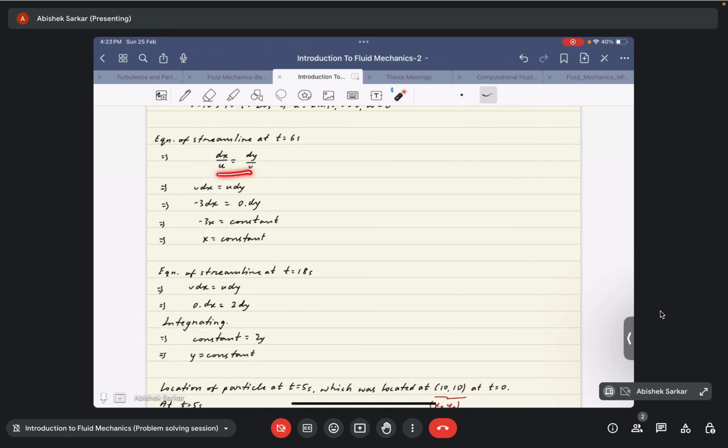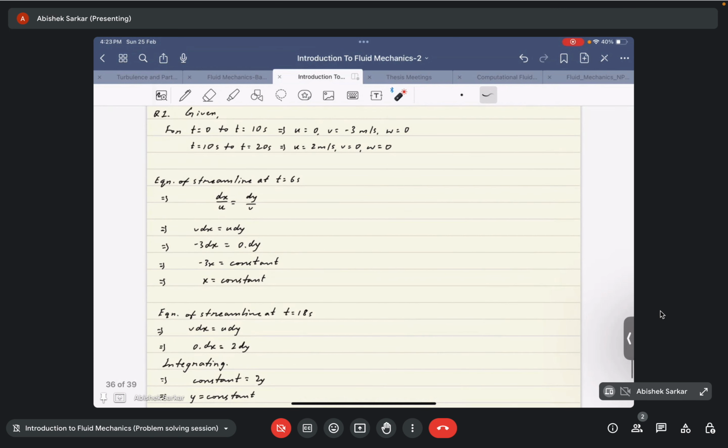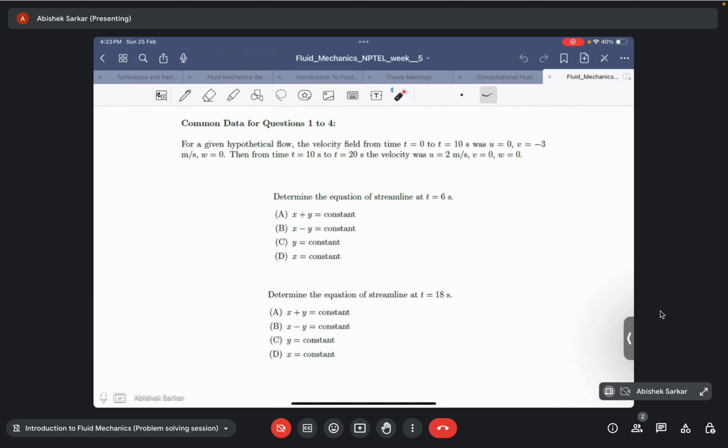From that we get v dx is equal to u dy. Since v is equal to -3 for the time period between t equal to 0 and 10 seconds, we get -3x is equal to constant, or x is equal to constant, which is the equation of the streamline. So the correct answer would be x is equal to constant.